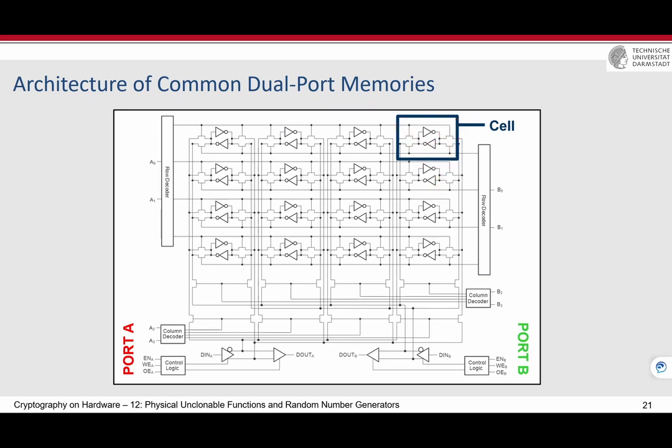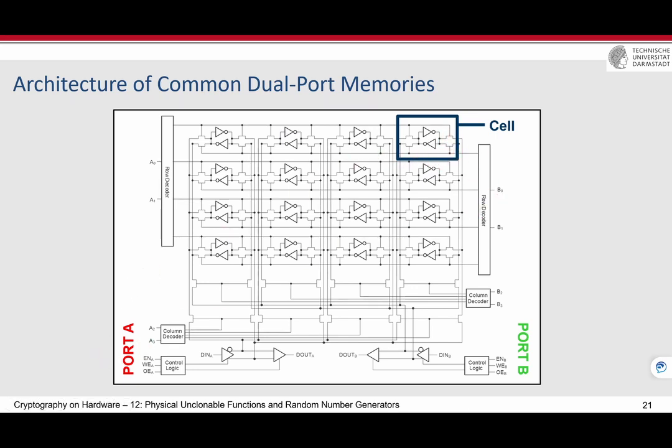As you learned, there are two different ports that can work completely individually. At the same time, you can read and write. But what happens if you try to write 1 with one of the ports and try to write 0 with another port in the same cell?